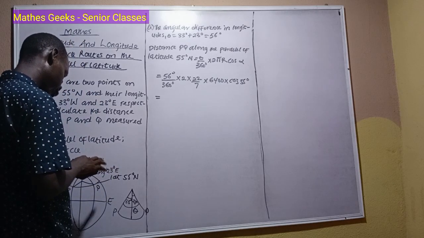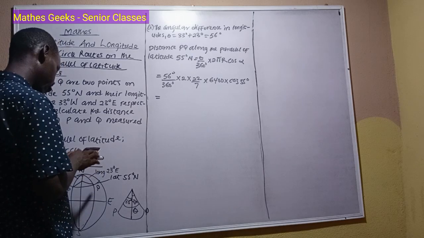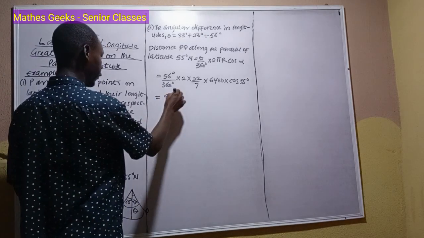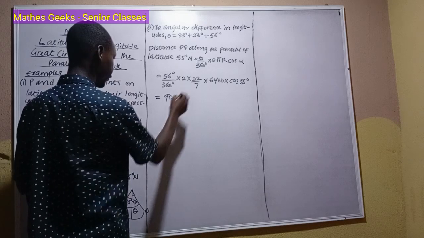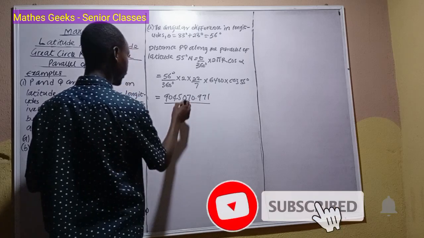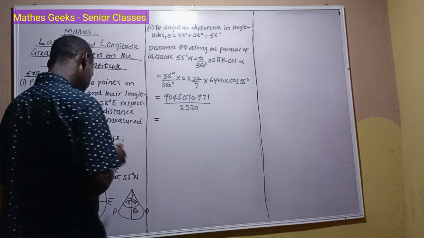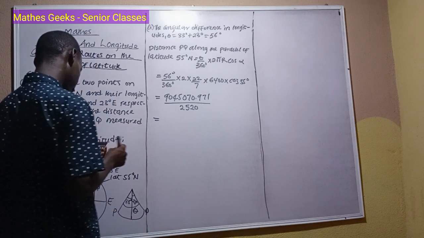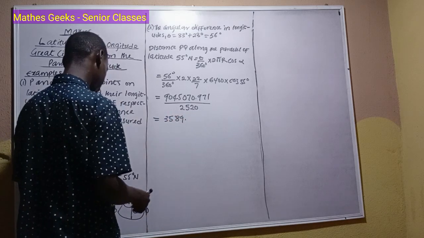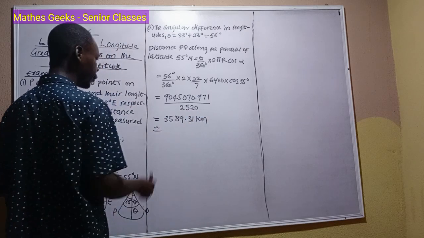So 56 times 2 times 22 times 6,400 times cos 55, divided by 360 degrees times 7, gives 3589.31 kilometers approximately.